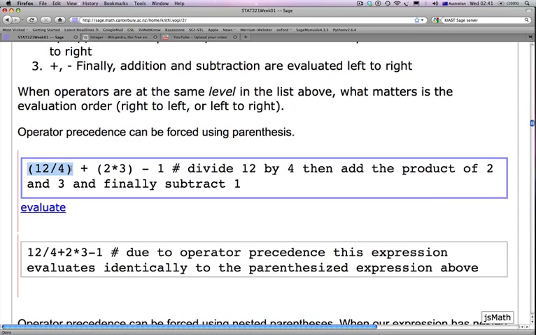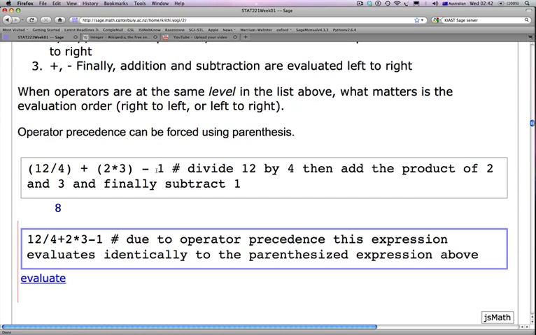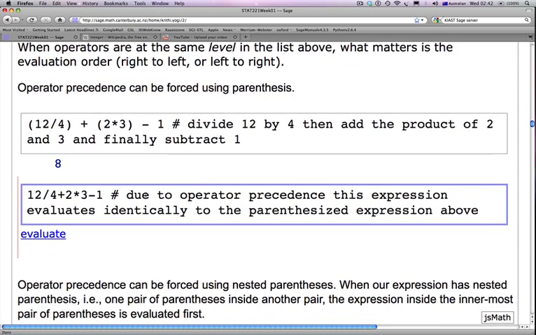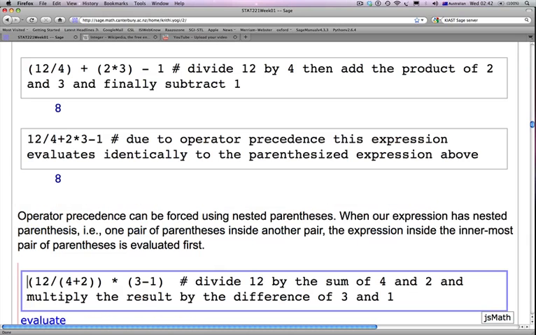So here we are dividing 12 by 4, then we are adding the product of 2 and 3, and finally subtracting 1. So if I evaluate it, I get 8. However, if I do 12 over 4 plus 2 times 3 minus 1, due to the operator precedence in this expression, it evaluates identically to the parenthesized expression above.